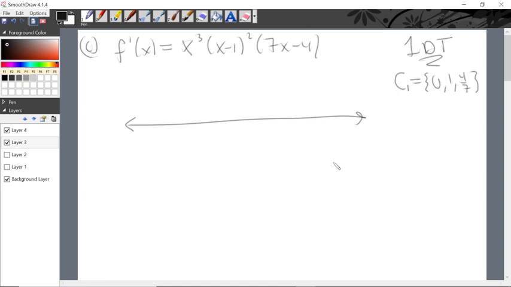If I graph the number line, this represents all real numbers in the domain. I can mark off where we have the different critical numbers: 0, this can be 1, and then a little more than halfway between those two we have 4/7. We're not testing at those values. We know what's going to happen. If we plug in any of those three values into the first derivative, we're going to get 0. So we're going to plug in values surrounding those, within subintervals.